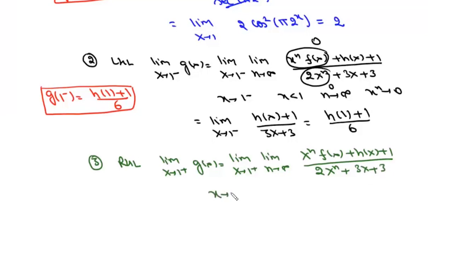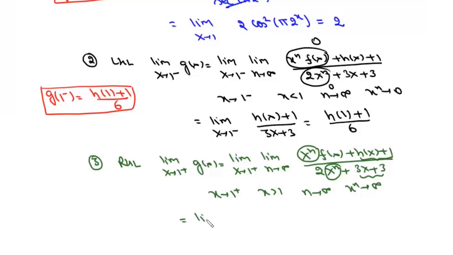Now when x approaches 1 positive, that means x is greater than 1. And if x is greater than 1, then as n approaches infinity, x to the power n also approaches infinity. So what we'll do is divide everything by x to the power n. And if we divide everything by x to the power n, we'll have (h(x) + 1) upon x to the power n and (3x + 3) upon x to the power n.